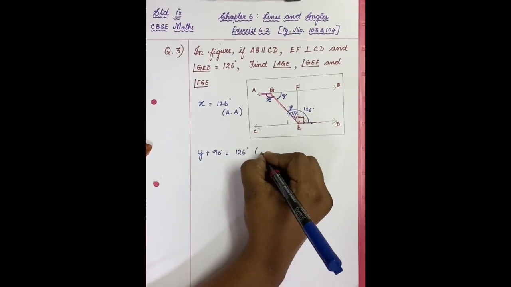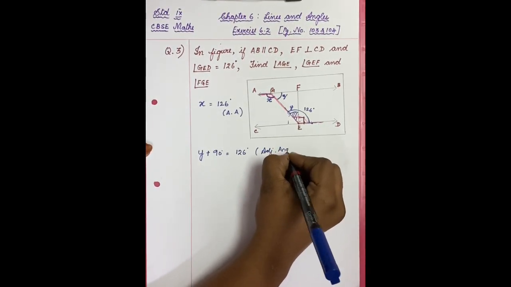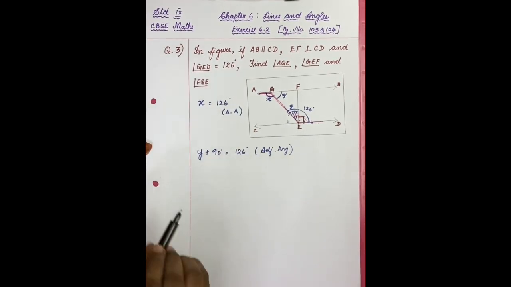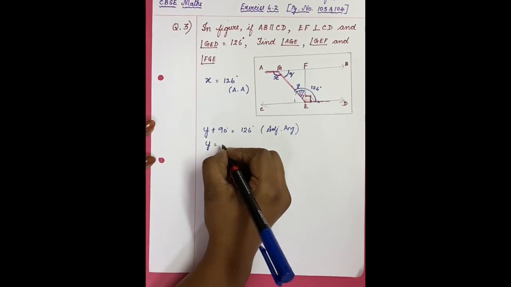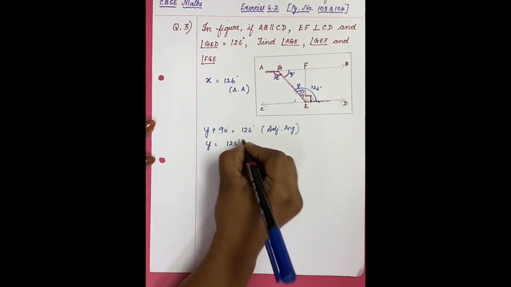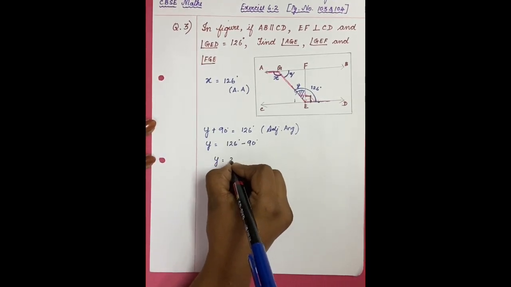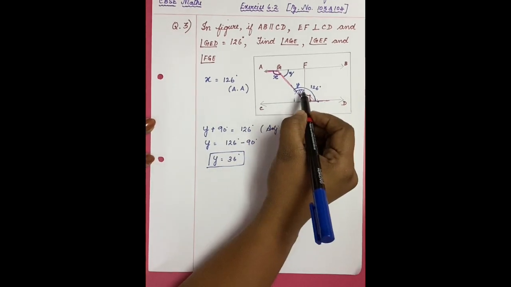It is adjacent angle. So here adjacent angle, this is alternate angle. So I am writing adjacent angle. So Y is equal to 126 degree minus 90 degree. So Y is equal to 36 degree. So we have easily got the Y value also.